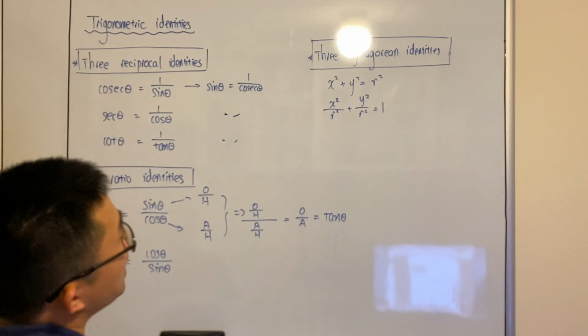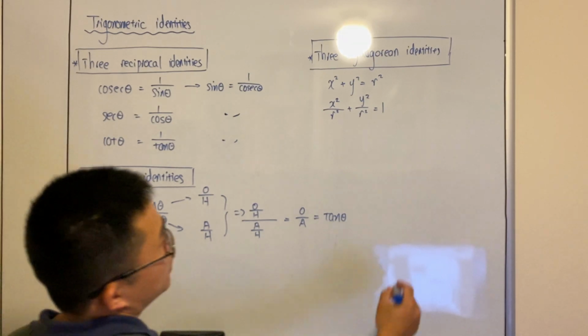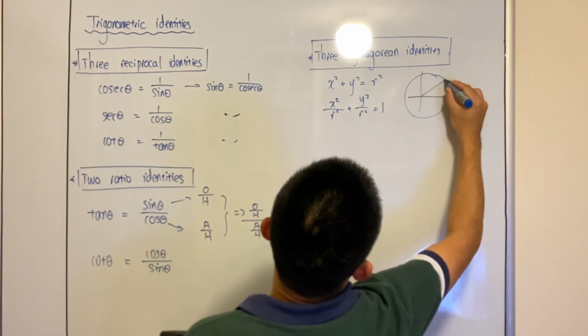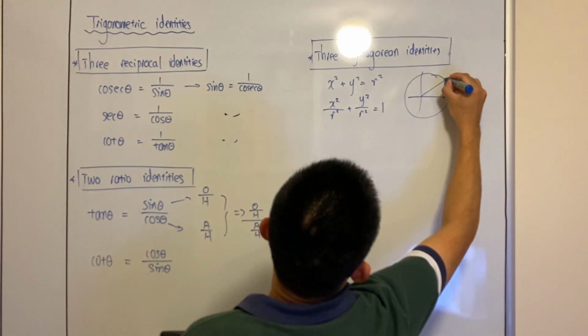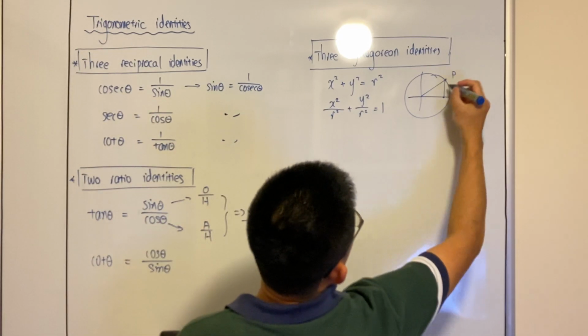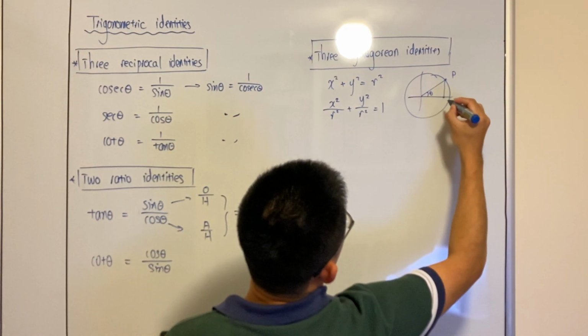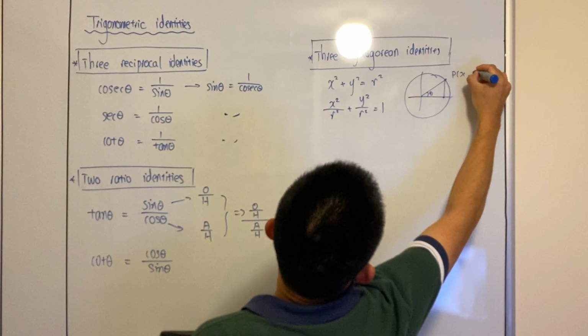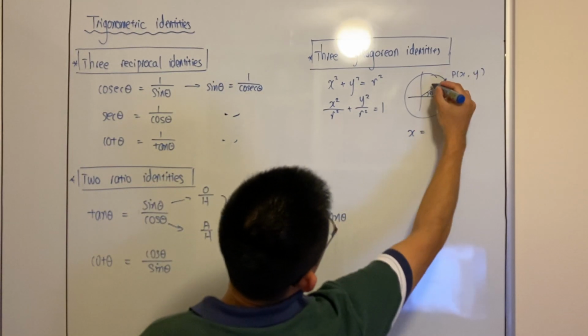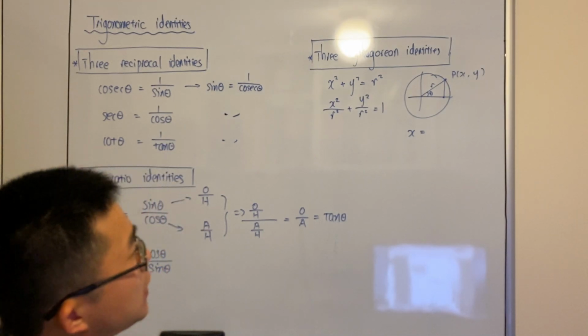Alright, and then from here, what we can do is draw a little circle. Here's the circle, that's the center, this is the point P, and then we can write point P in terms of the angle theta. This P has coordinates x and y, and the radius is r.